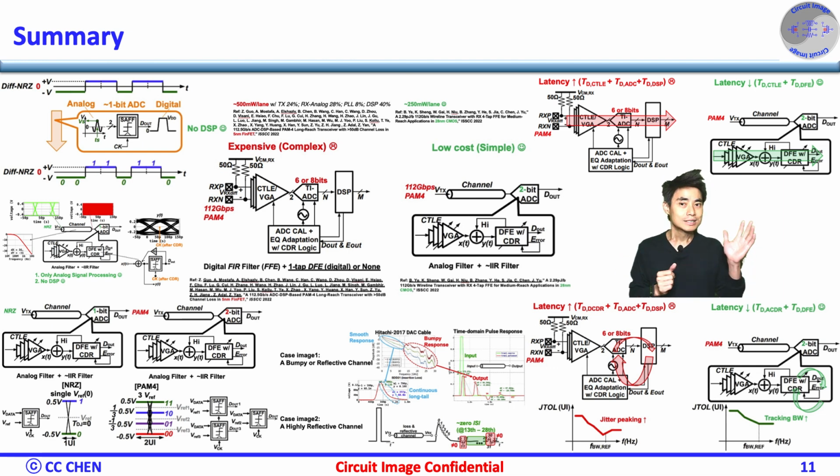Owing to the simple analog processing in the DFE, a long-tap DFE can help equalize the bumpy channel frequency response, equivalently discontinuity or reflection, easily, which the DSP PAM4 RX cannot do with the digital DFE.